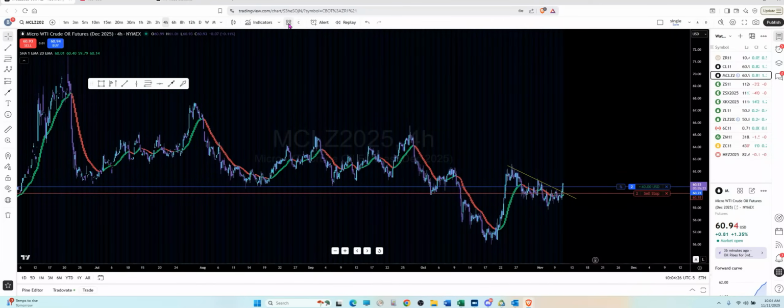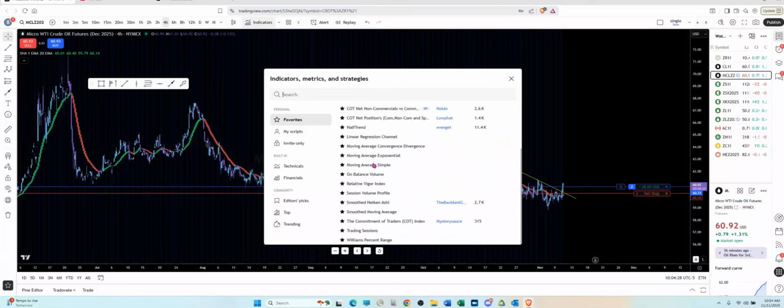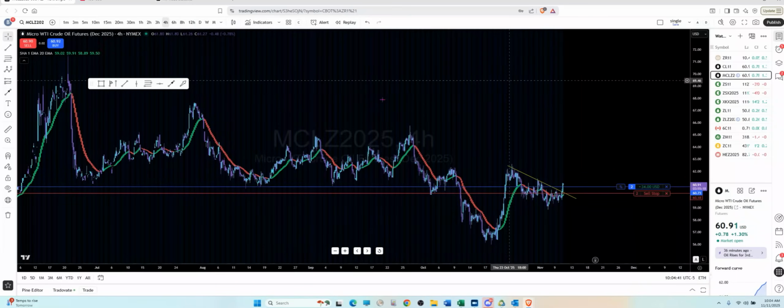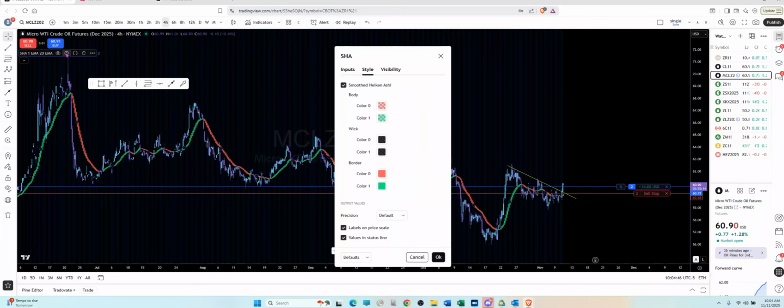I have it in my favorites, I believe. I don't use all these anymore, but yeah, it's called Smooth Heiken Ashi by the Backtest G. Well, I don't know if there's more to his name than that, but anyways, it's this one. And the only change, well, I'll open the settings here.